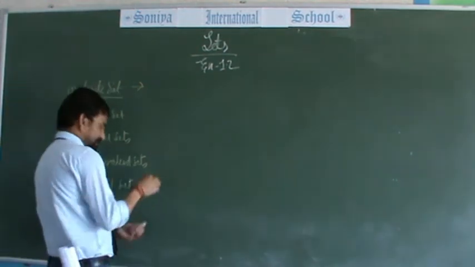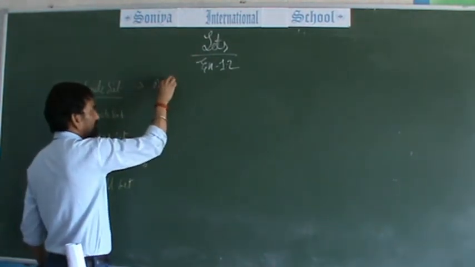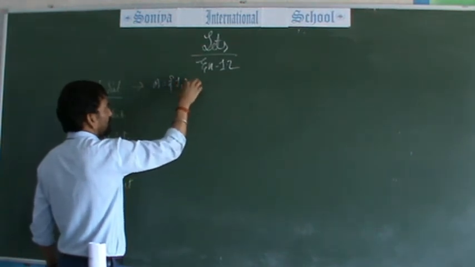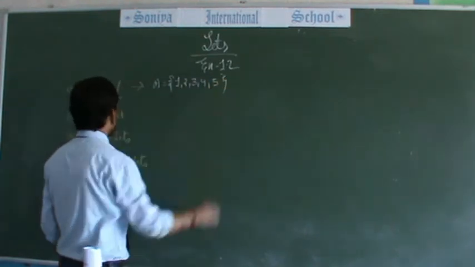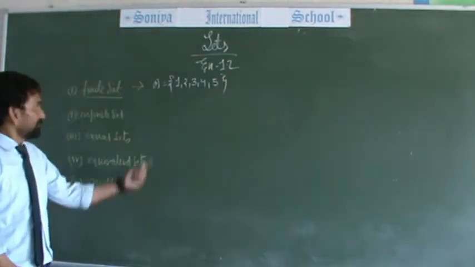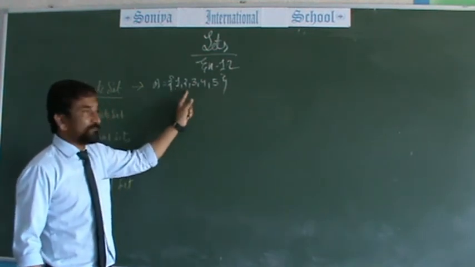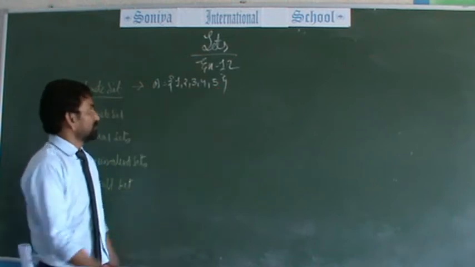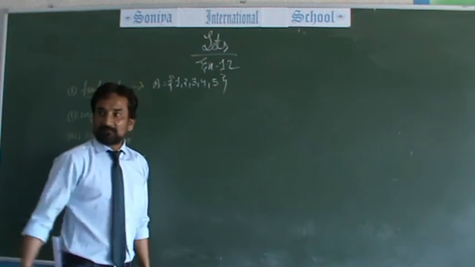Suppose A is any set of natural numbers from 1 to 5. This is your set A. Here the natural numbers are only from 1 to 5, so both the ends are known to us, and these ends are 1 and 5.